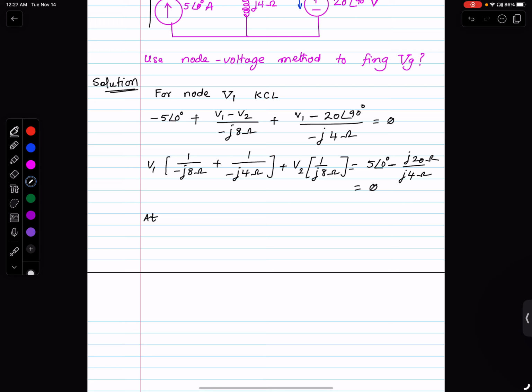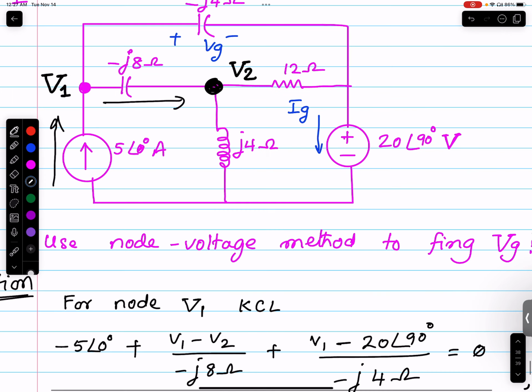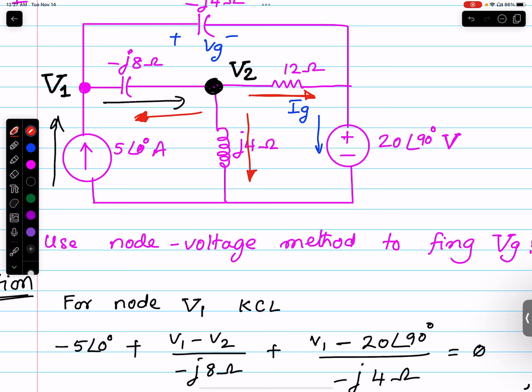At node V2, we can still write KCL over here. KCL at the node V2. There is one current V2 minus V1 leaving. I can assume this current leaving, and I can assume this current leaving as well.